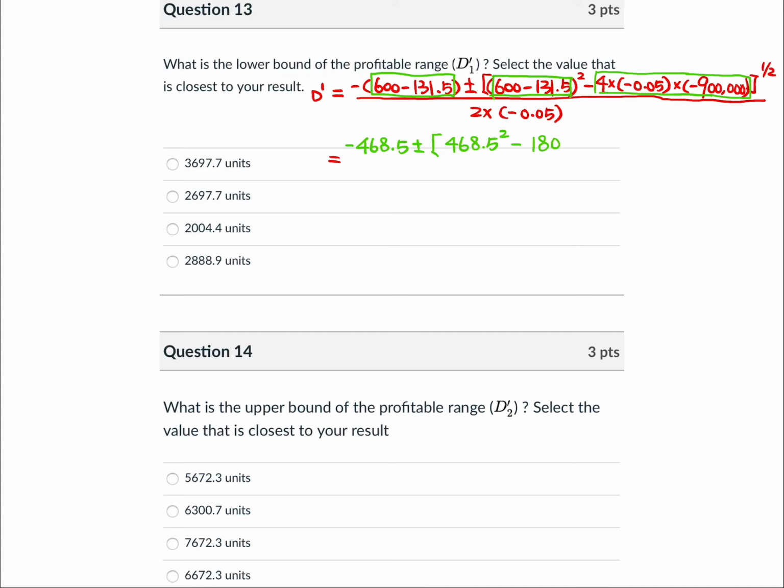That's going to be 180,000. And then over negative 0.1.